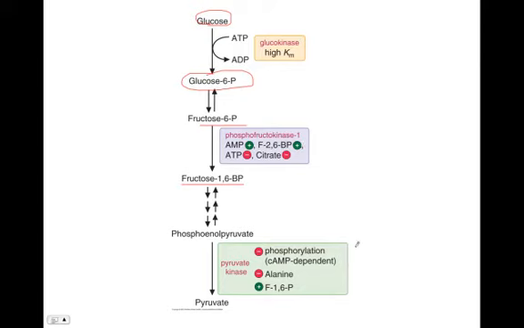Our second regulatory step is the conversion of phosphoenolpyruvate to pyruvate. The enzyme here is pyruvate kinase, and this is stimulated by fructose 1,6-bisphosphate here, and can be inhibited by phosphorylation or by alanine. These are our three regulatory steps in glycolysis.